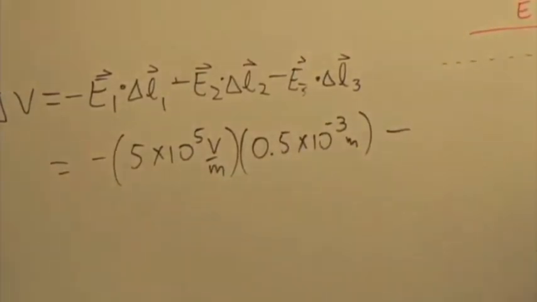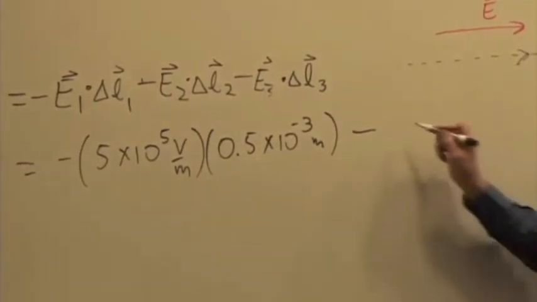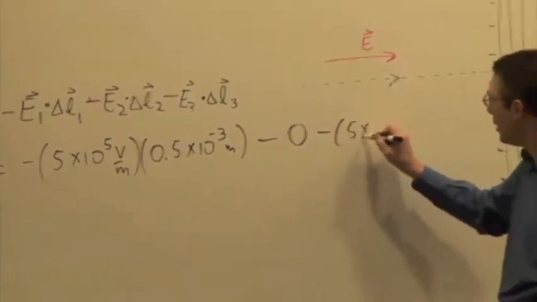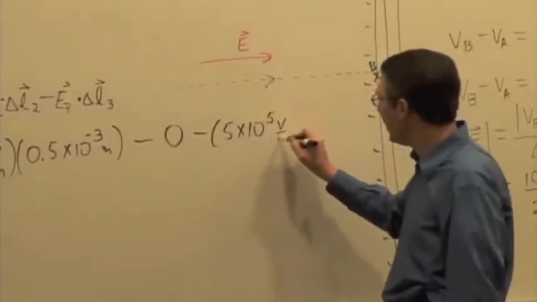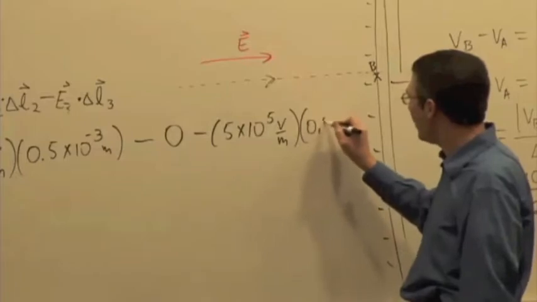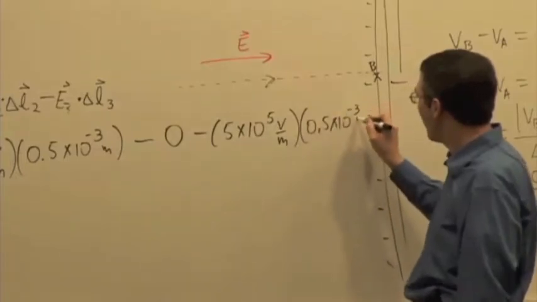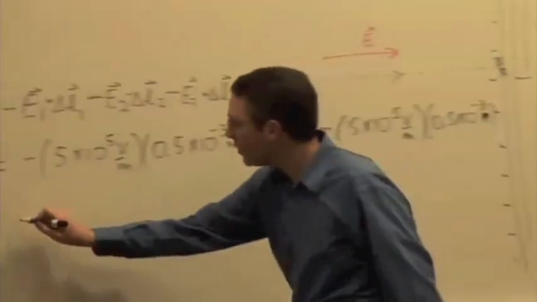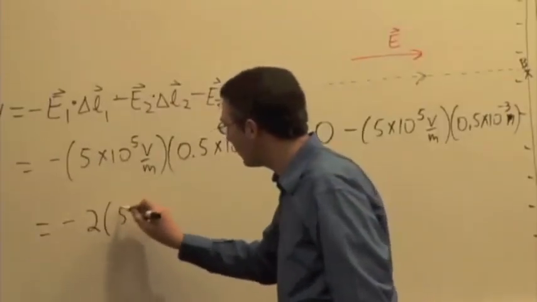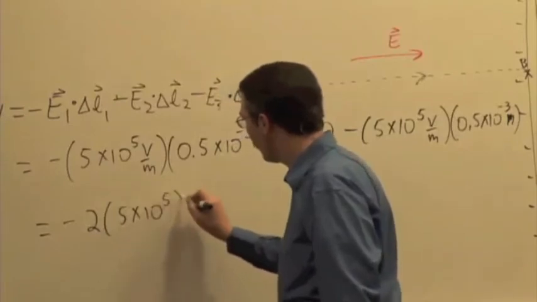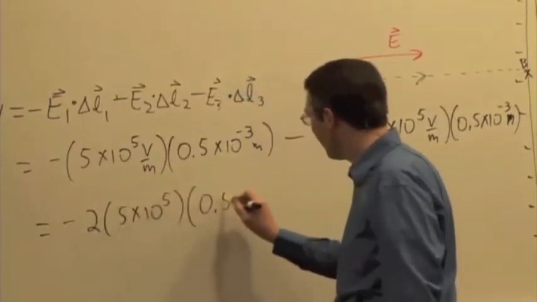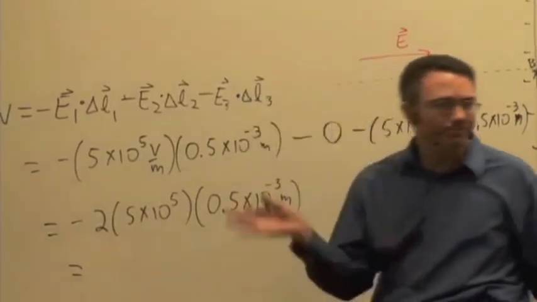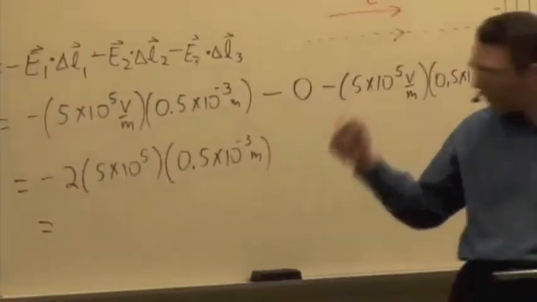Minus E2, which is 0. And then minus 5 times 10 to the 5th volts per meter times another half millimeter distance. So that's the same, so we can add them up. It's going to be twice that. What do you get? Should be negative 500.